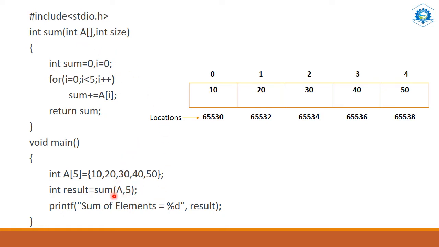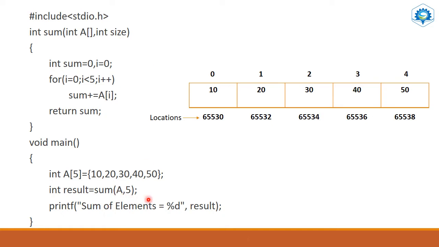So in this case, call by reference is used as the parameter passing method. Whenever an array is passed as an argument to a function, its address will be passed. Now why are we including the size of the array also when we are passing parameters?